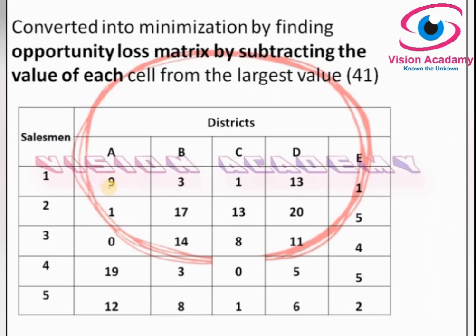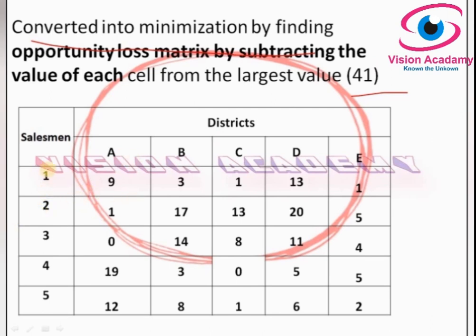See, this is the result that I have converted into minimization type by finding the opportunity loss matrix. To find it, I have subtracted all the values from 41. 41 is the highest value in the given revenue matrix. So from 41 I have subtracted all other values.